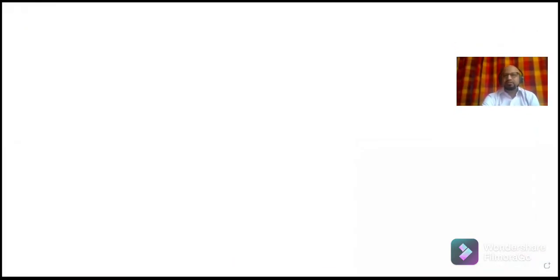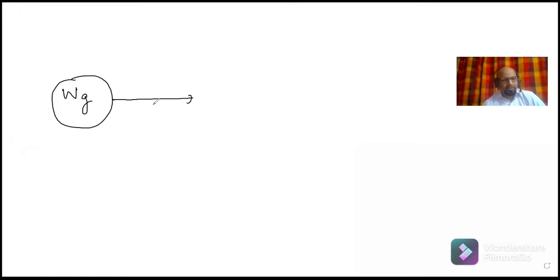quantitatively. Now think you are given W gram of the sample. Okay, this is the W gram of the sample given to you. Now you need to calculate how much nitrogen is present in the sample. For that reason, you need to take concentrated sulfuric acid.